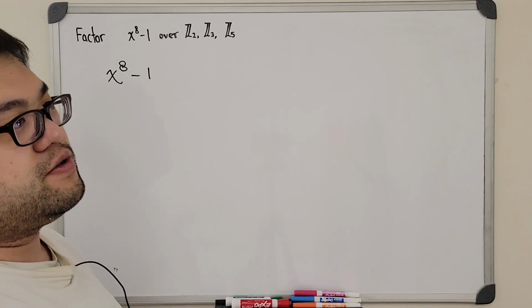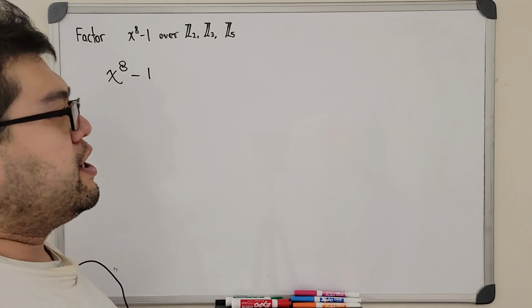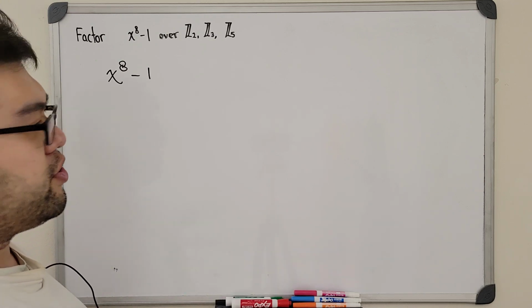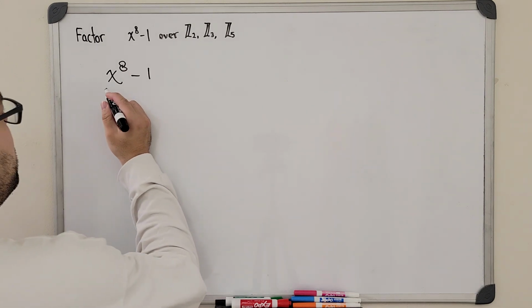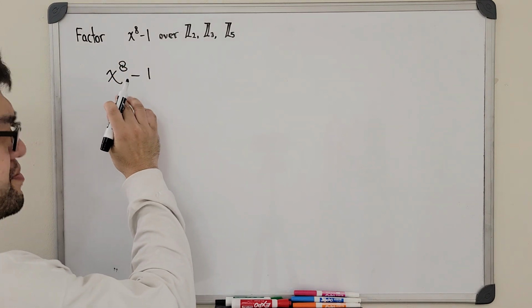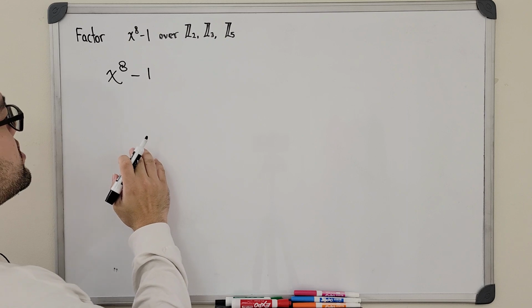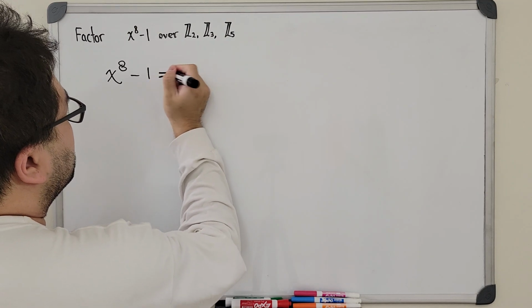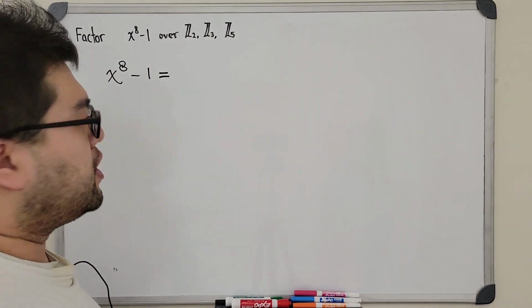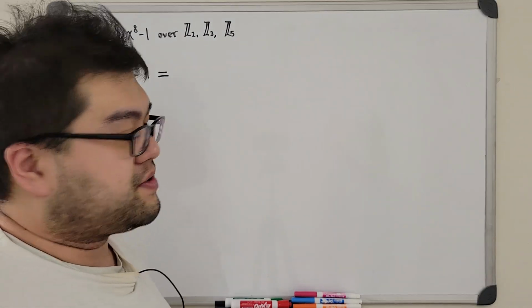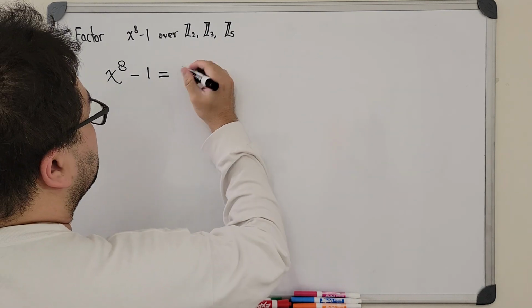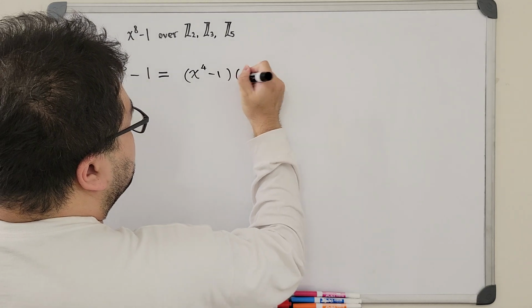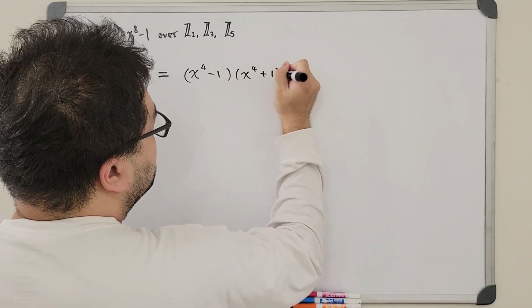Then we see what we can reduce after factoring completely, based on the ring we're looking at. For the polynomial x to the 8th power minus 1, we can use the difference of squares formula to give us x to the 4th power minus 1 times x to the 4th power plus 1.